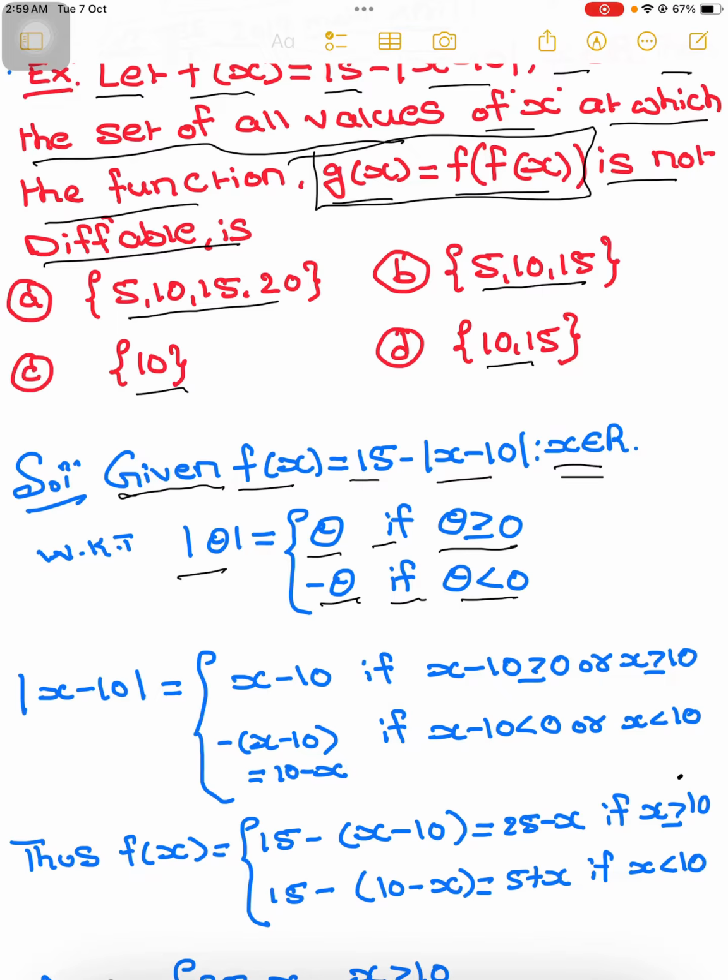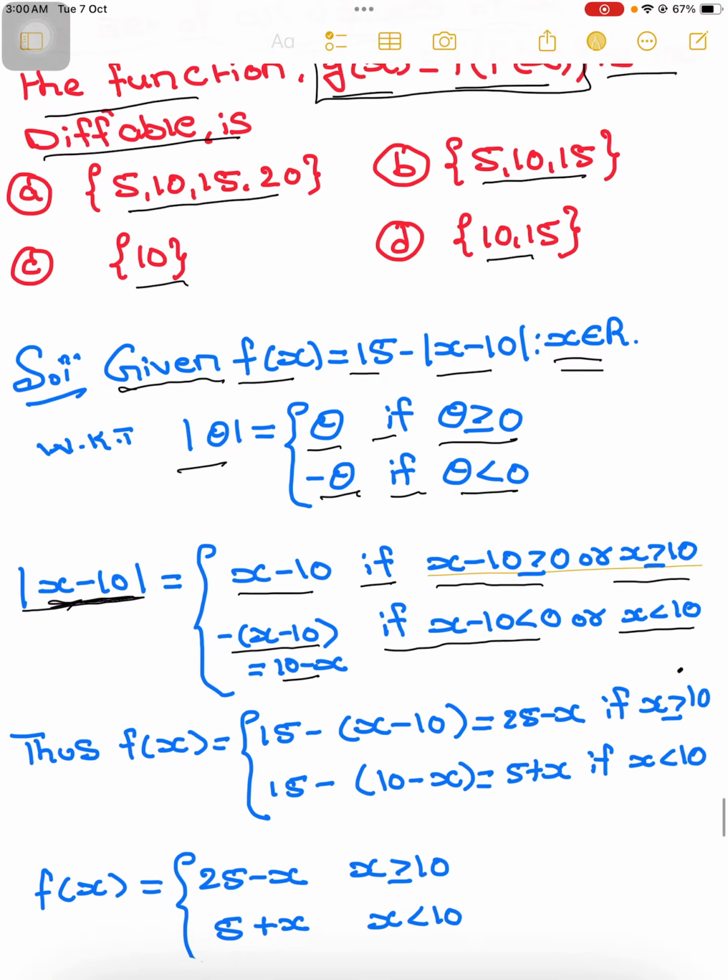First, I will separately calculate the value of mod x minus 10. It is x minus 10 if x minus 10 is greater than or equal to 0, that is x greater than or equal to 10, and minus of x minus 10, which can also be written as 10 minus x, if x minus 10 is less than 0, that is x less than 10.